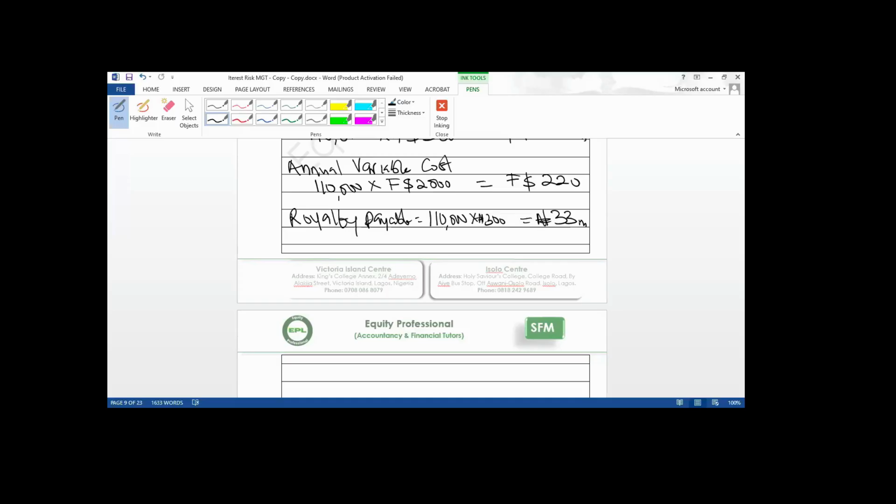So the foreign country will pay royalty in year 1, royalty in year 2, year 3, year 4.